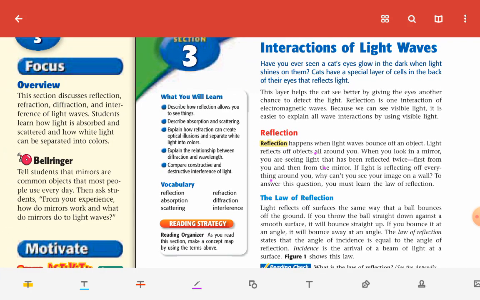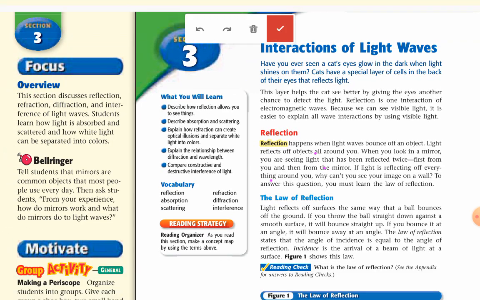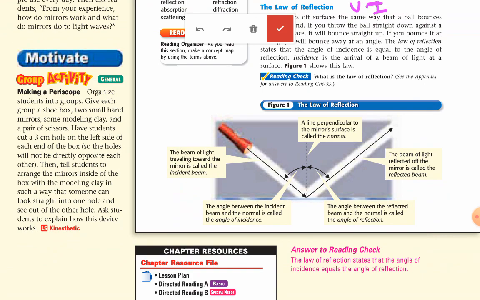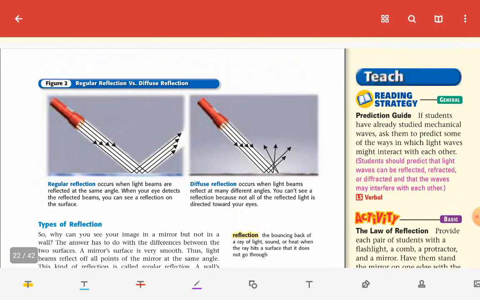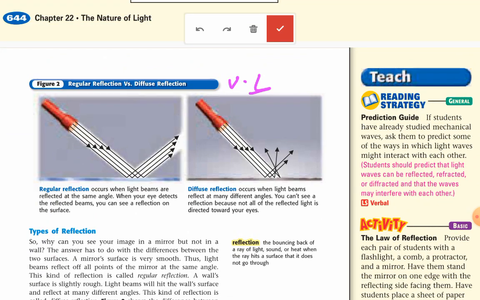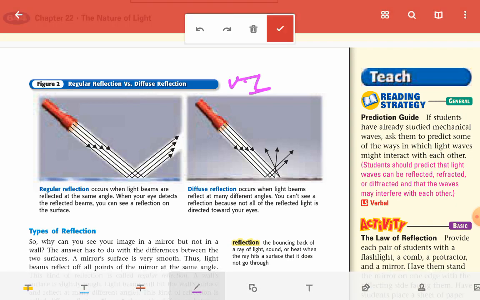Here write US, here VI, here US, here VI.